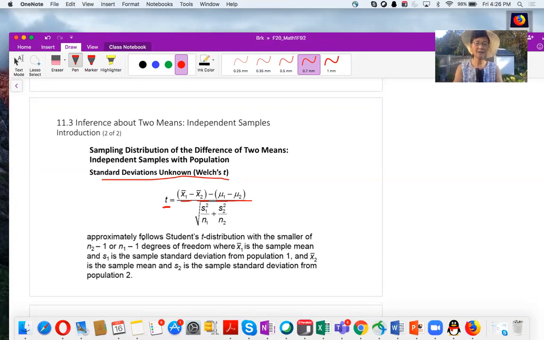This approximately follows a T distribution with degrees of freedom being the smaller of N2 minus 1 and N1 minus 1. The smaller one is the degree of freedom. So the sampling distribution of the difference of two means follows the Student's t distribution.